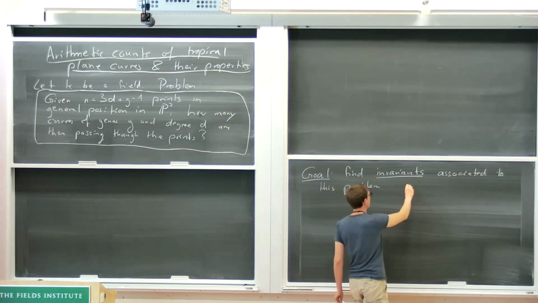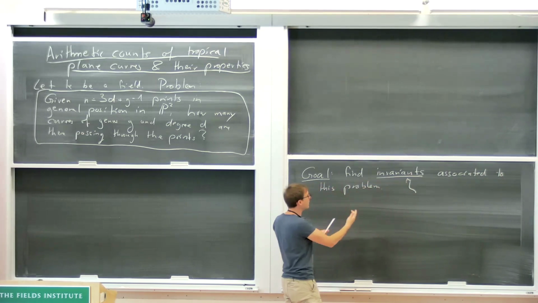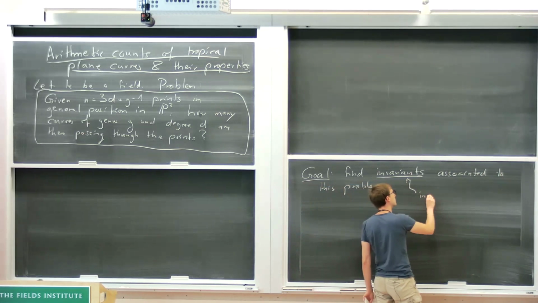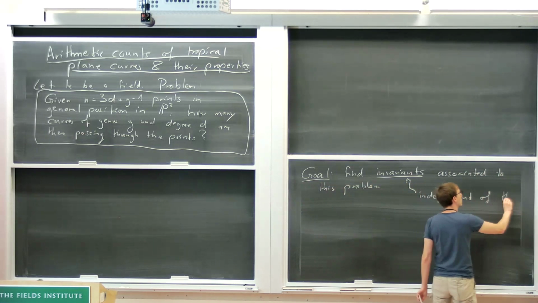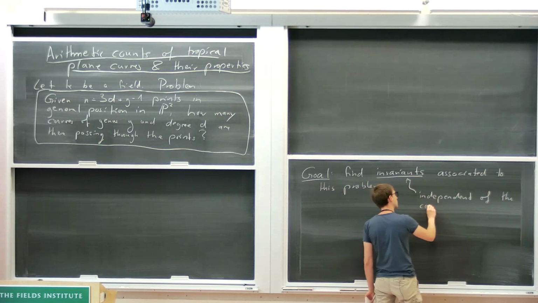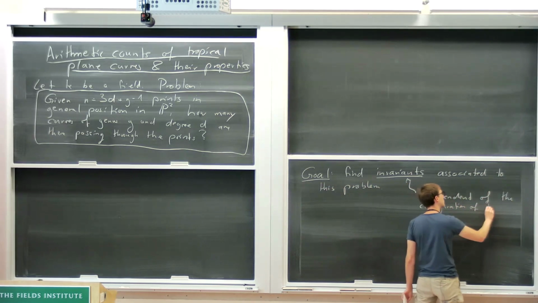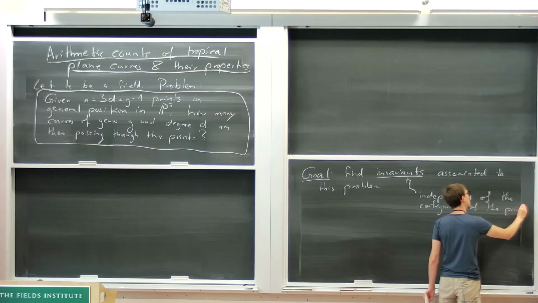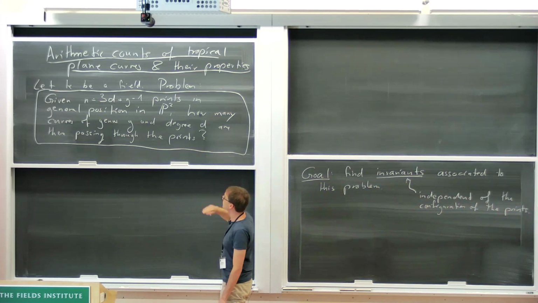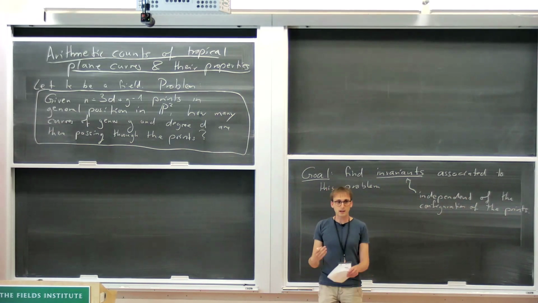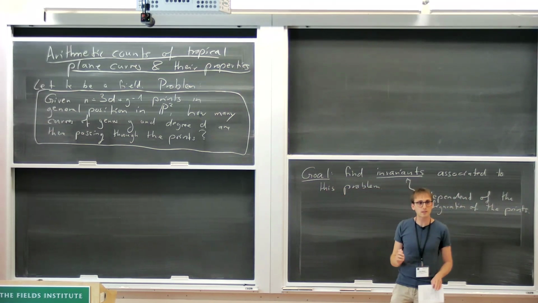Where the word invariant is supposed to refer to a quantity that is actually independent of the configuration of the points. A priori you would assume that if I choose some random points, then the answer to this quantitative question should depend on the exact points that I chose.